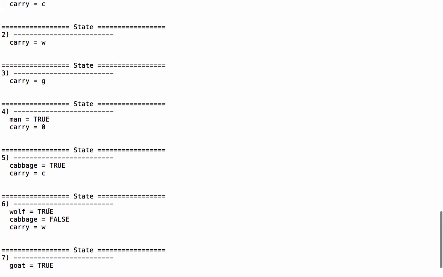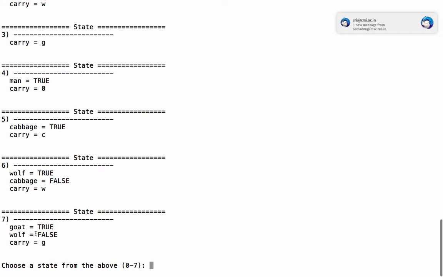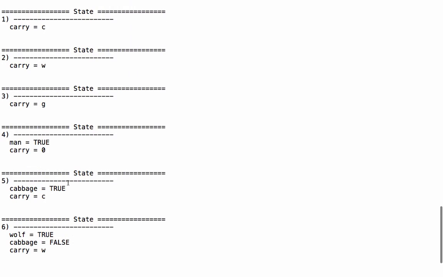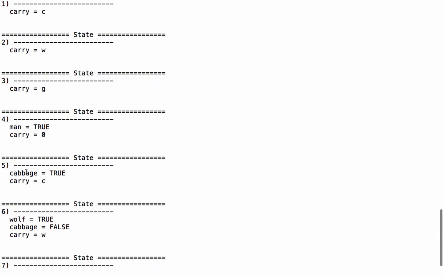This is the state where man moves to the right bank by carrying the wolf. That is why the value of wolf has become true, the value of cabbage is still false. This is the state where man is moving to the right by carrying the goat. Okay? So we can choose something, say man moves to the right without carrying anything.